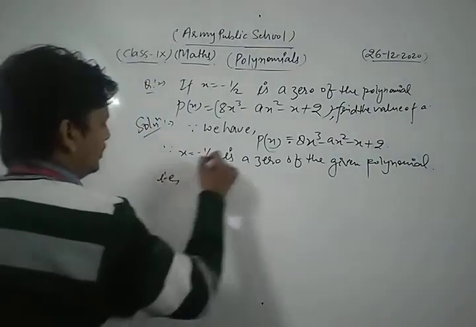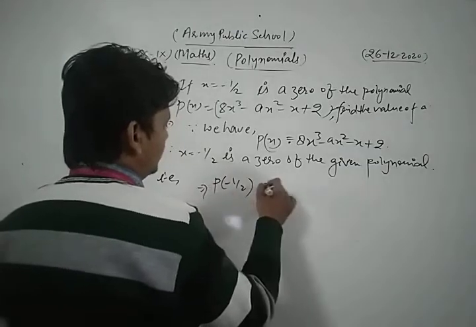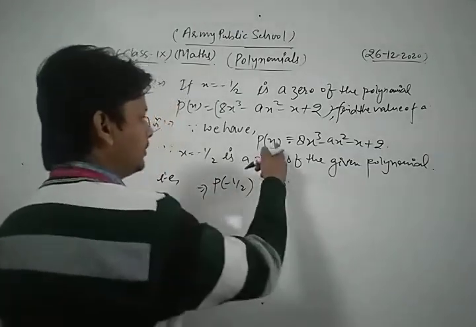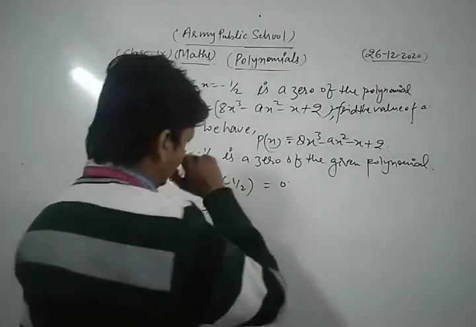That is, p of minus 1 by 2 is equal to 0. Now we just replace x by minus 1 by 2. Let's see.